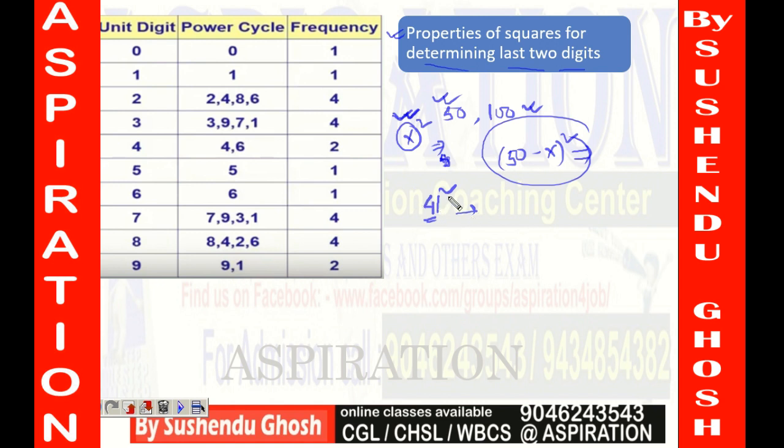You already know that 41 square is 1681. It means it will have 81 in the last two places.